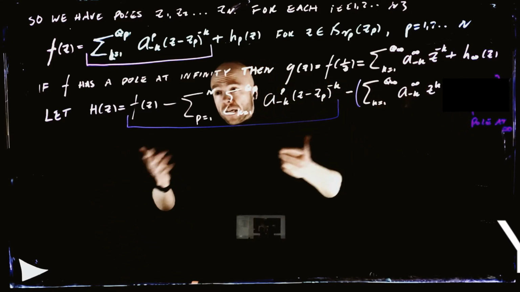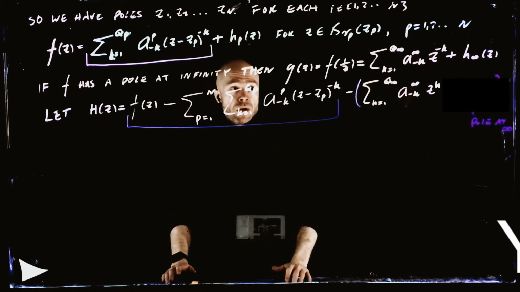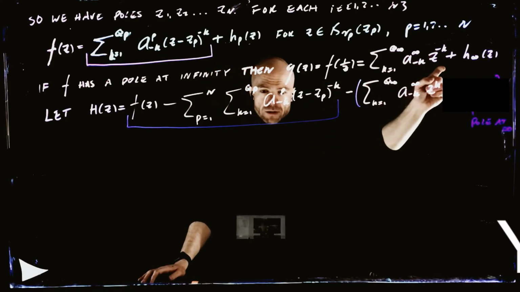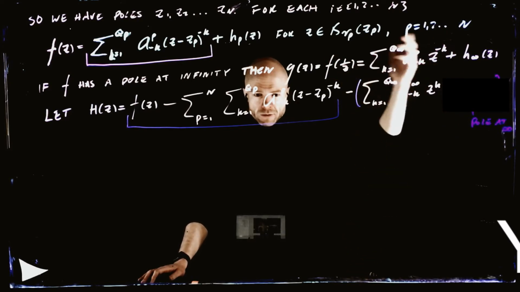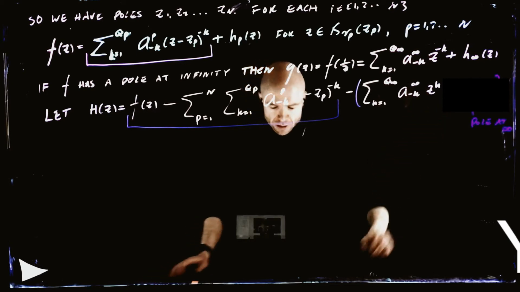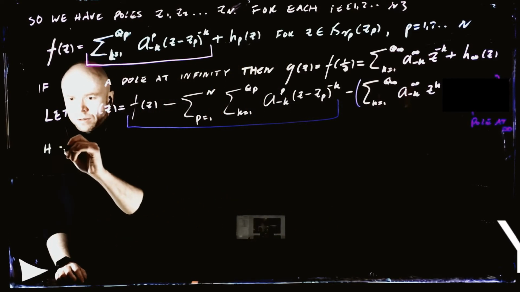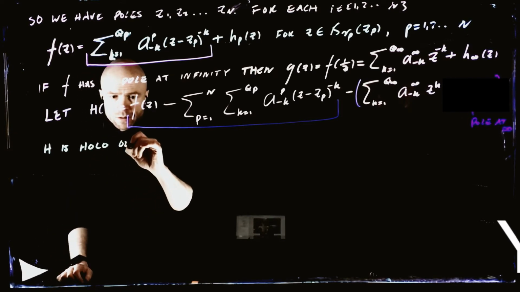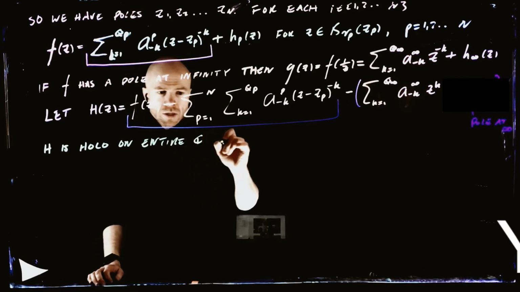Because if we look at z going to infinity, that is the same as g of z going down to 0, which looks more and more like this, right? So we stripped away all of the blow up happening at infinity by doing this. So h is holomorphic on the entire complex plane and h is bounded.